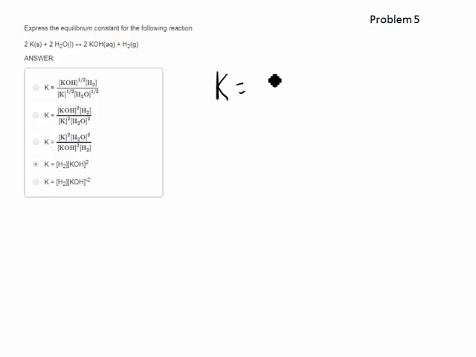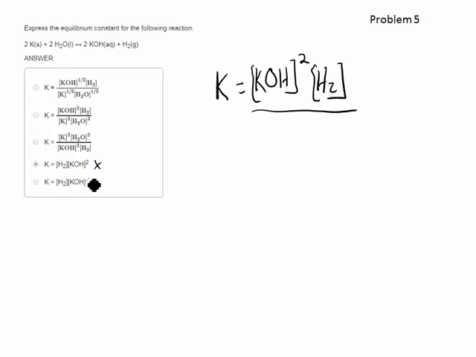We have products of KOH, and it is raised to the second power because of the coefficient, and then it is the concentration of H2, raised to the first power in this case, all over, well, one's a solid and one's a liquid, so that in itself is going to be our expression. The KOH is squared, and the hydrogen is not, so that looks like it is going to be our answer right here, because it's hard to see, but that's a -2 in that one, so that's our right answer for number 5.